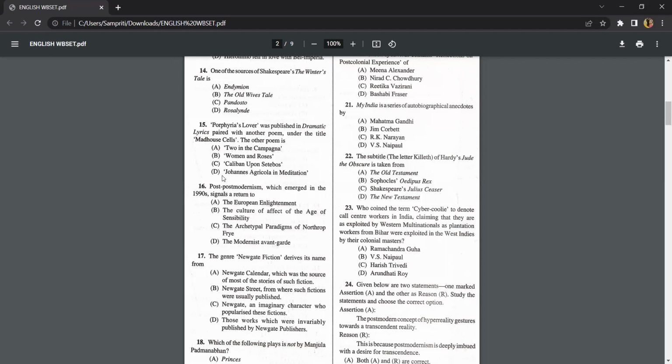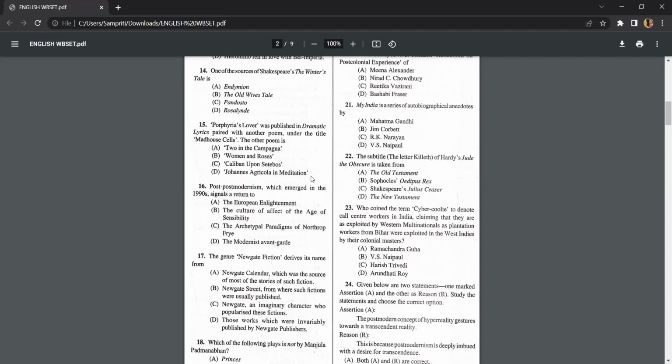No. Option D is the correct answer, Johannes Agricola in Meditation. Remember this question, okay? This might be repeated in the next set. This might be asked in the UGC NET also. Many questions are hinted from UGC NET also in this West Bengal SET paper this year.